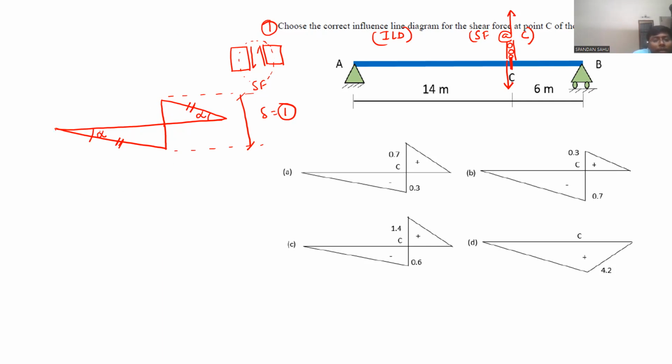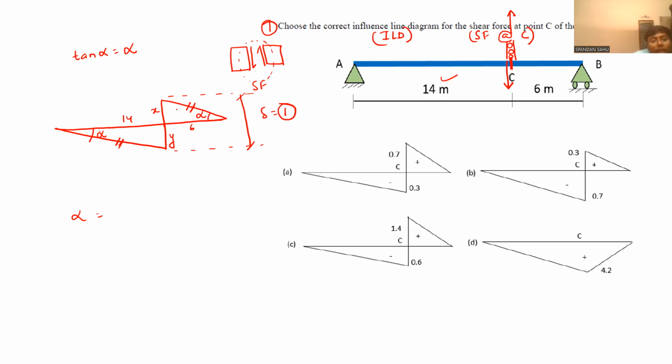For civil engineering structures, we know the displacement is very small, and this alpha, the rotation, is also very small because the unit displacement is very small. So tan alpha you can write as alpha. Let us say this is x and this is y, and from the question, this is 14 meter and this is 6 meter.